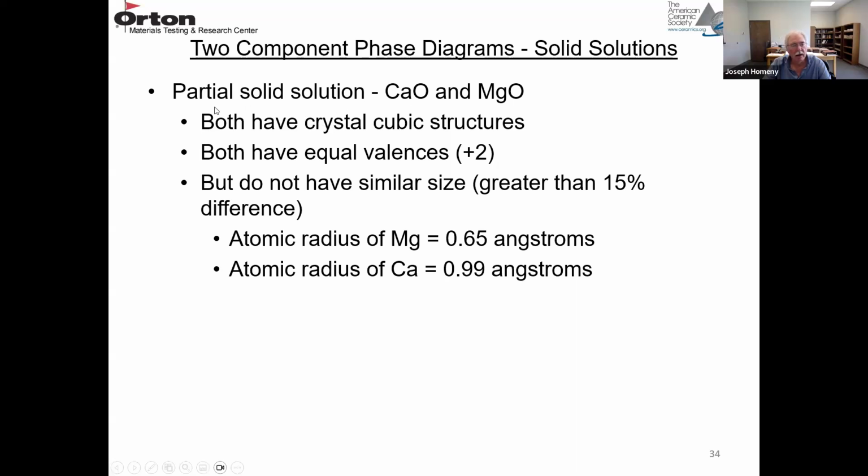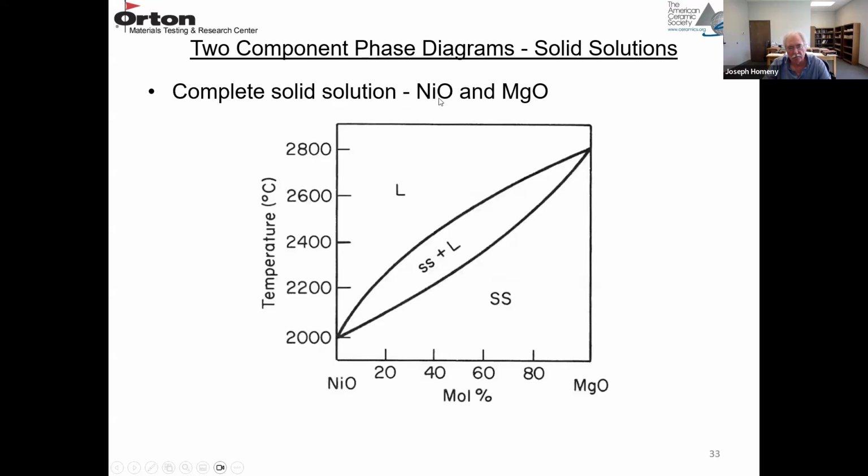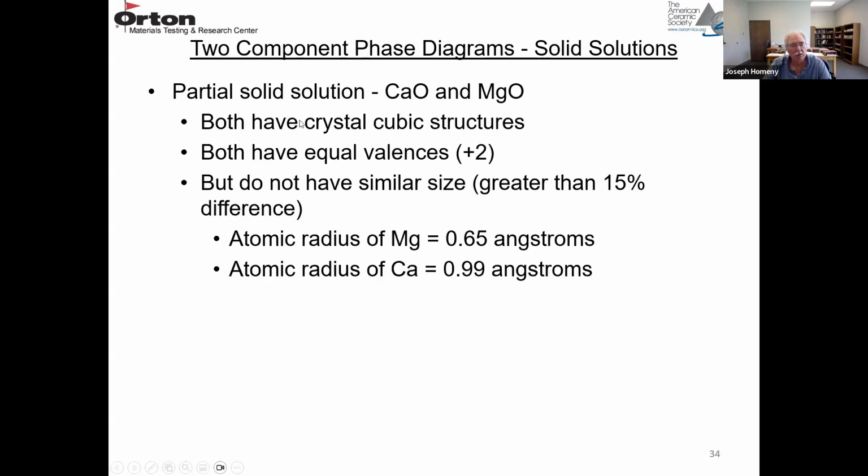I wonder why that went backwards, but this is an example of CaO, MgO. It's a partial solid solution. So this is not a complete solid solution like for nickel oxide and magnesium oxide. It's partial. Both of these materials, CaO and MgO, have cubic crystal structures.